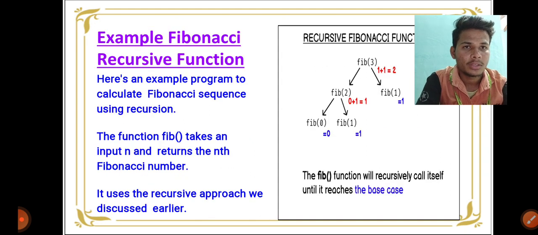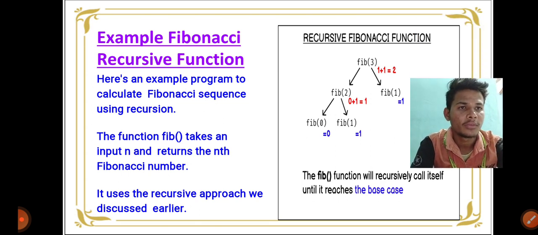Example Fibonacci recursion function. Here's an example program to calculate the Fibonacci sequence using recursion. The function fib takes an input n and returns the nth Fibonacci number. It uses the recursive approach we discussed earlier.